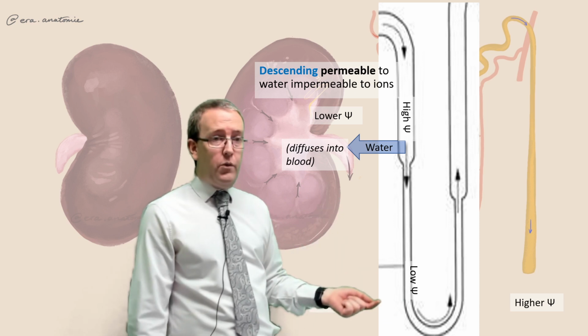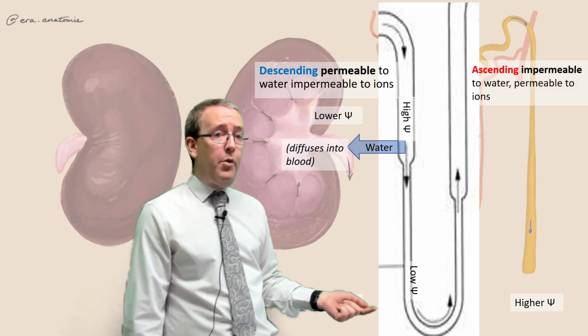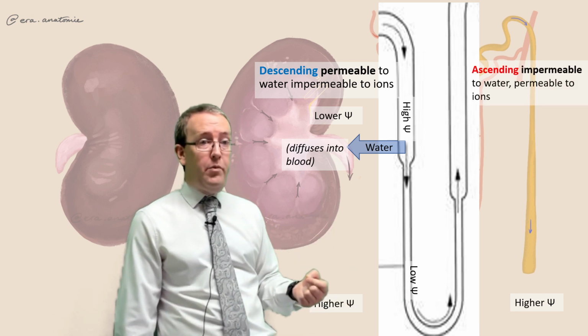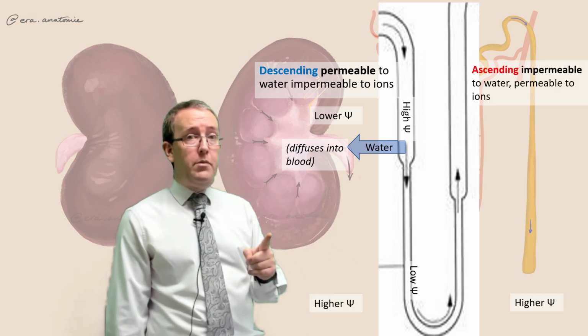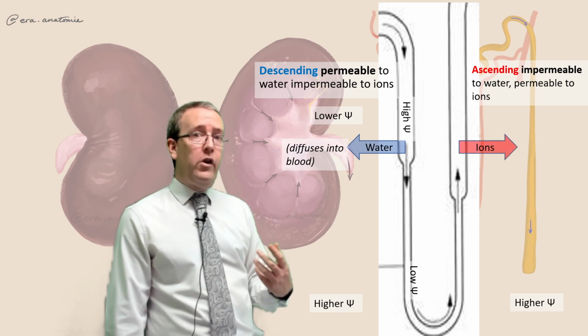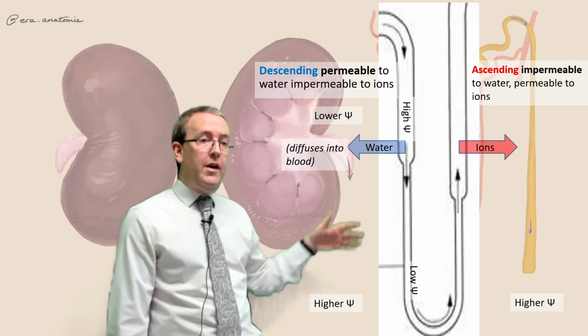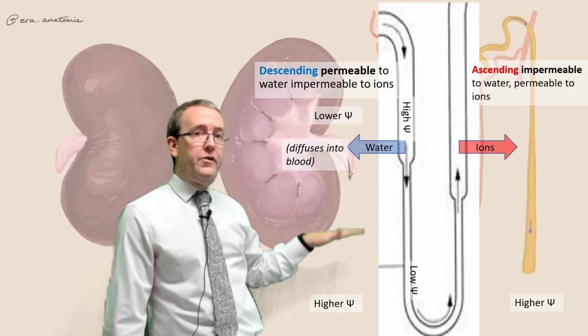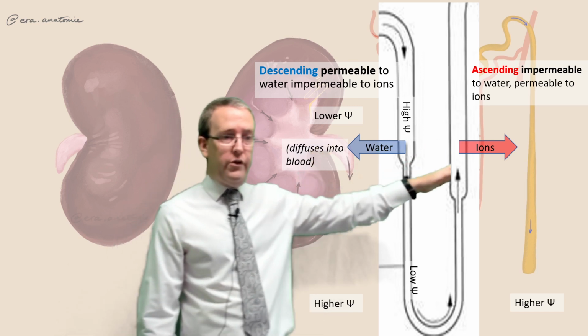So as the filtrate travels back up, the ascending arm is impermeable to water, but it is permeable to ions. So out come the ions. And of course, what they do is they lower the water potential of the tissue around the loop of Henle.